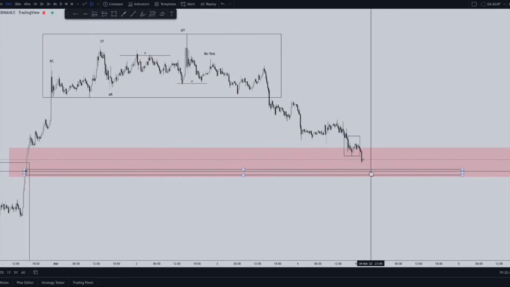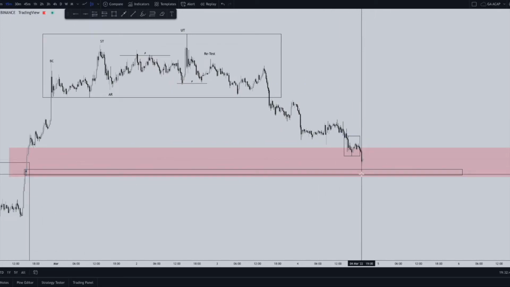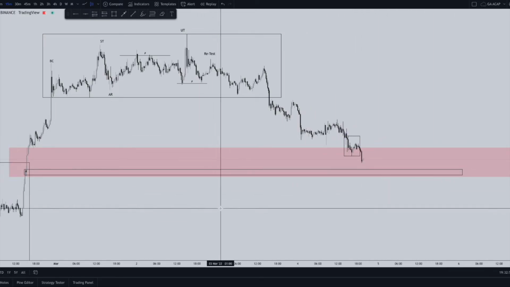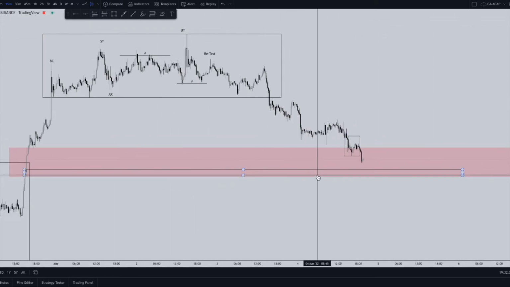But in my opinion, we're going to have to see if price reacts to this bearish candle. This would probably be my most reliable zone, but if we break past it, then we could possibly be seeing another leg towards the downside.